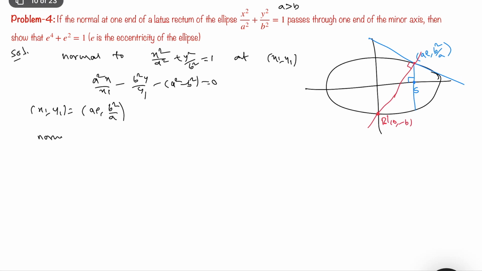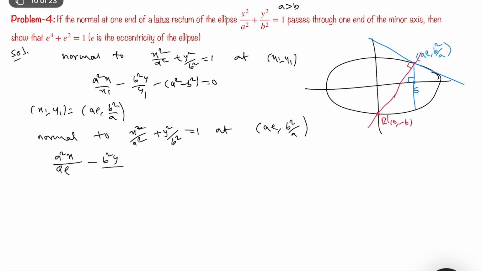Okay, fine. Now we want to write down this normal at this point ae comma b square by a. So the normal to x square by a square plus y square by b square equal to 1 at ae comma b square by a will be what? a square x by, what is x1? ae, minus b square y by, what is y1? b square by a, minus of a square minus b square equal to 0.